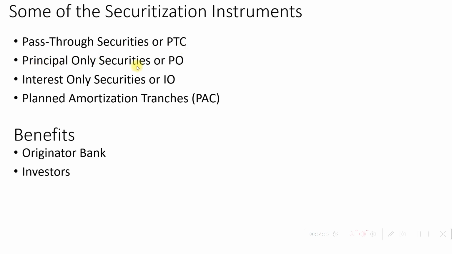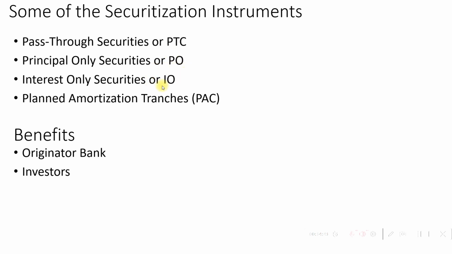Now what is principal-only security or PO? PO investors receive principal payments made by the obliger of the underlying loans. So these bonds are issued at deep discount. We have to see deep discount bonds to understand how the mechanism works. So these bonds are issued at deep discount to their face value and redeemed at face value. So that is principal-only security.